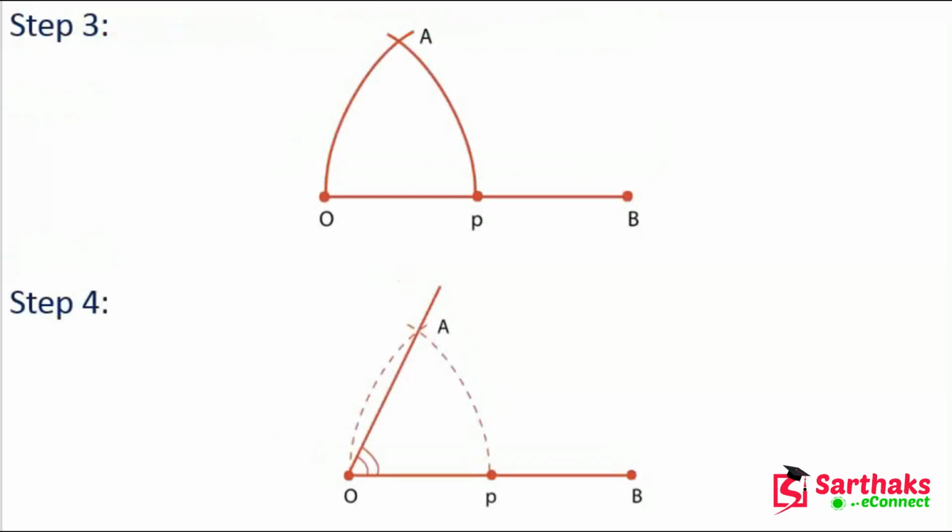Now the next step, step number 3, is to take P as the center and with the same radius, draw an arc that passes through O and intersects the previous arc at point A. Now draw a line from O through A. Hence this is the required angle, which is 60 degree.